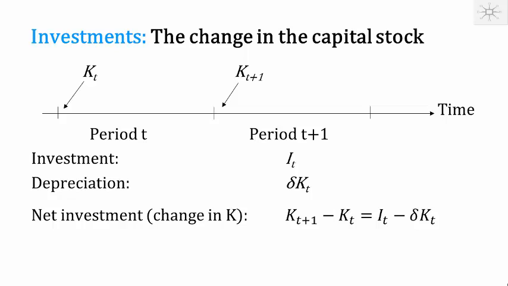And so firms invest in order to increase and maintain the capital stock. So to understand investment, we have to understand the demand for capital. So we assume that the firm has a certain desired capital stock, and then we say, how much do you need to invest in order to achieve that capital stock?